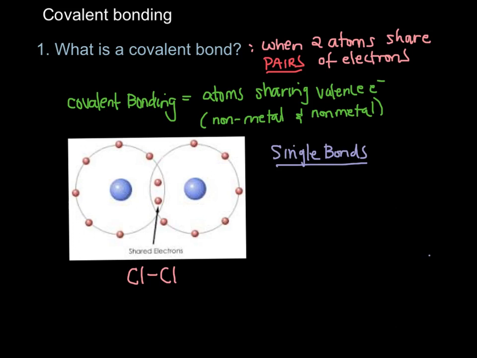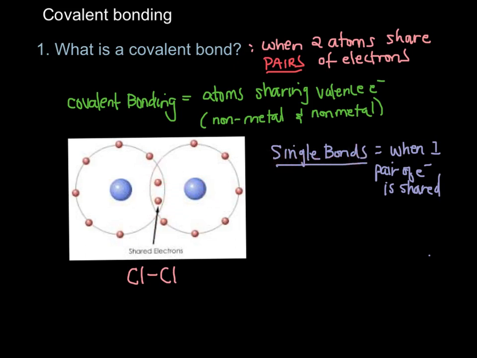All right, so you'll notice I said when two atoms share pairs of electrons. And in this picture, we have two atoms, two chlorines, sharing a pair of electrons, so a single pair of electrons. So that's called a single bond. So this example right here with these two chlorines sharing a pair of electrons, that's a single bond.